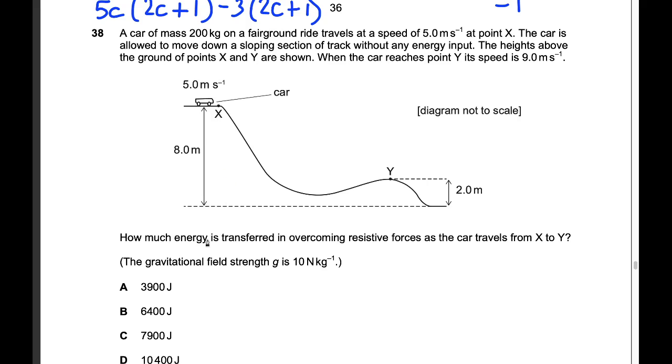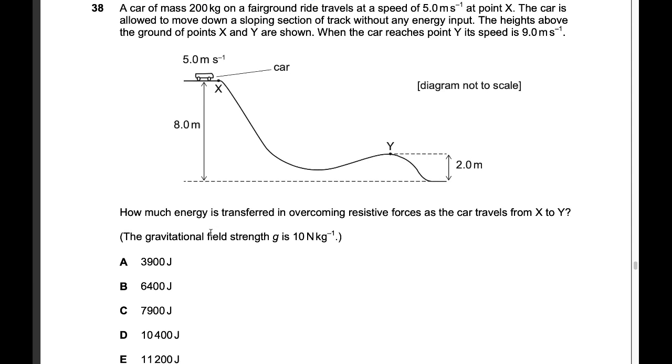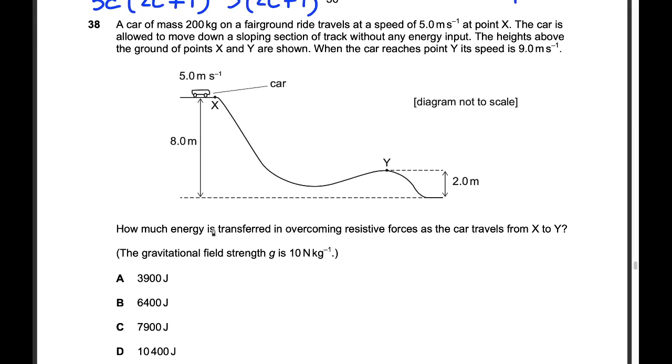This looks to me to be a conservation of energy problem. How much energy is transferred in overcoming resistive forces as the car travels from X to Y? This is interesting. So these resistive forces, they're just going to happen over a certain distance.